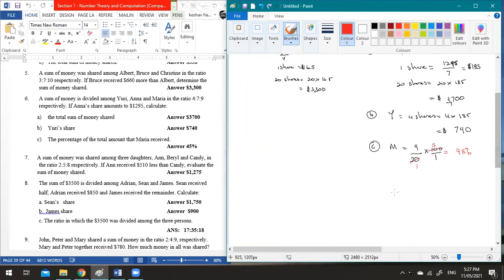Again, another way of doing it, Maria would have got 37 minus the sum of Anna, which is 12.95, add 7.40.